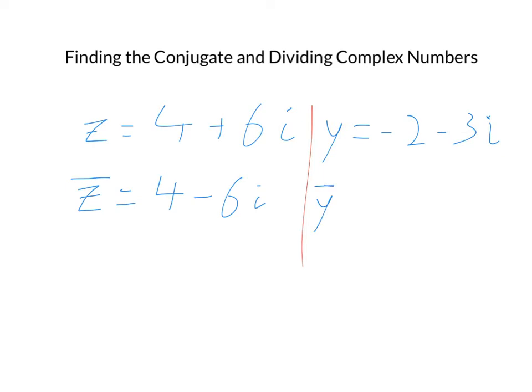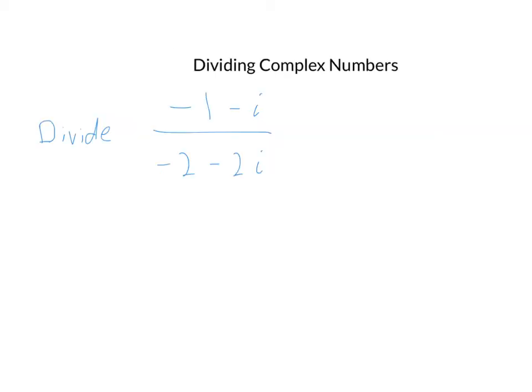This shows we're finding the conjugate. We keep the real part the same, so that's going to be minus 2. We change the sign of the imaginary part of this complex number. So the conjugate of y is minus 2 plus 3i. Again, the important thing is changing the sign of the imaginary part.